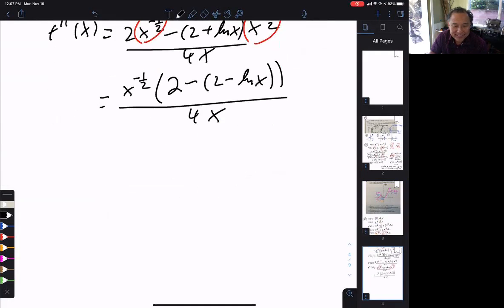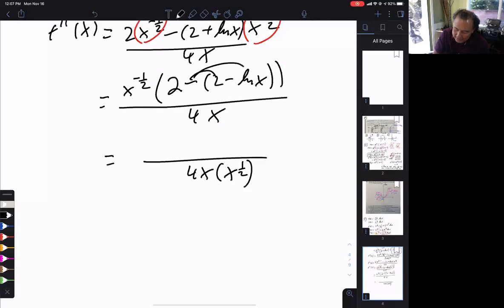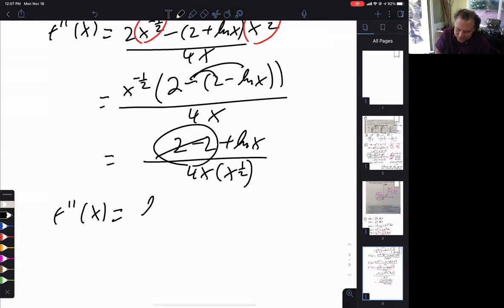This is a lot of algebra. We'll keep going. That moves to the bottom. So x to the 1/2 on the bottom. And on top, we distribute that minus. And so we end up with 2 minus 2 plus ln of x. And those will cancel. Wow, that is a lot of work. I hope I didn't make a mistake anywhere.